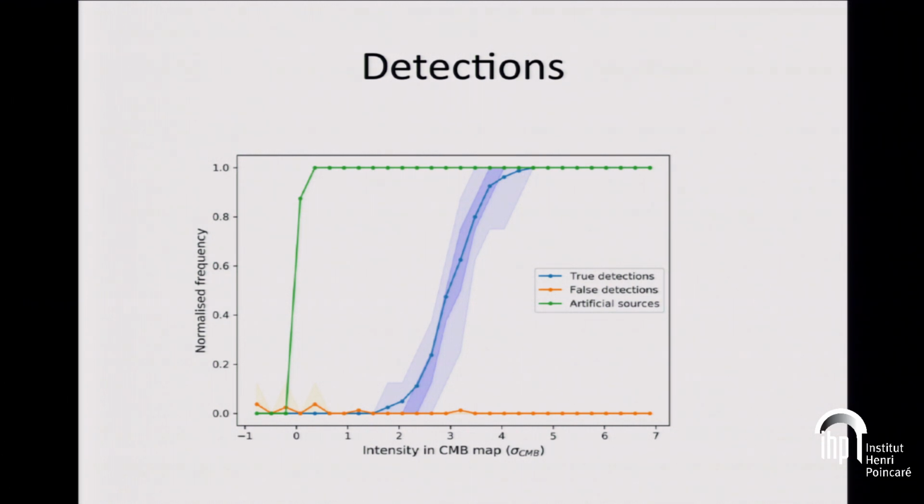The number of point sources that you actually see depends on the alpha you choose. Here alpha is on the order of 5%. Of course, if you are ready to accept more false detections, then you're going to see more point sources, and the other way around. With this value, starting from 3 sigma we see basically 70% of the sources, and at 4 sigma we see almost all of them.